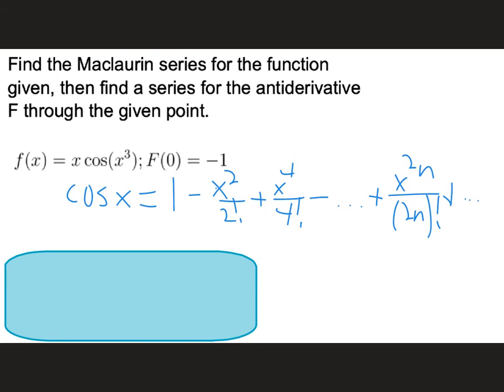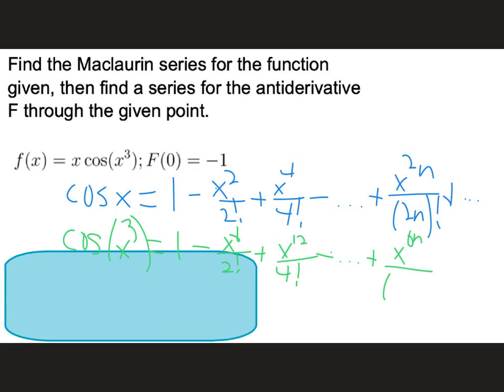Now I want x cubed. So cosine of x cubed is going to be 1 minus x cubed squared, which is x to the 6th, plus x cubed to the 4th, which is x to the 12th, minus plus x cubed to the 2n, so x to the 6n, over 2n factorial.